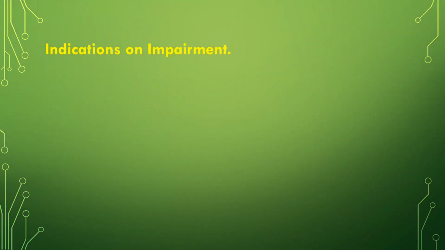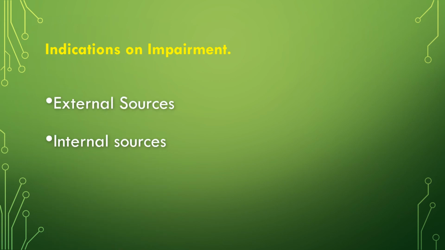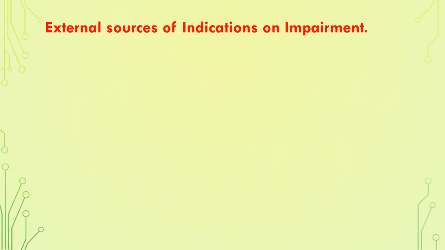Before recording the impairment, there must be an indication of the impairment. These indications can be identified from external sources as well as internal sources. Let's look at the external sources of indications of impairment.